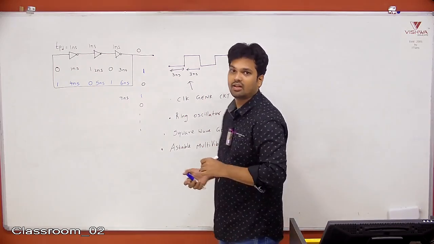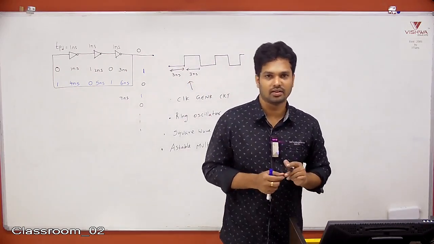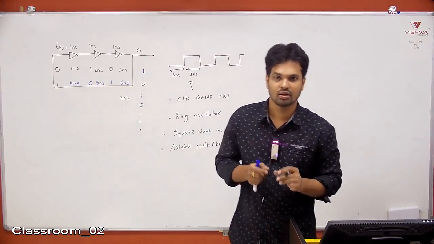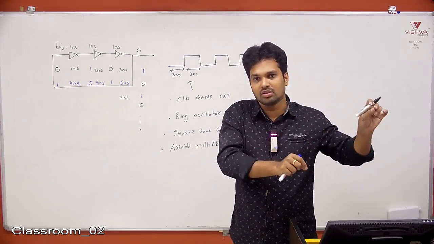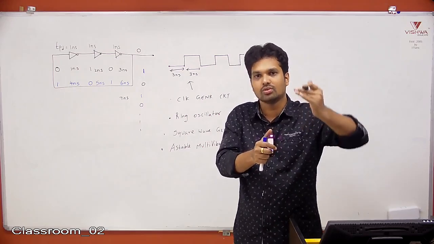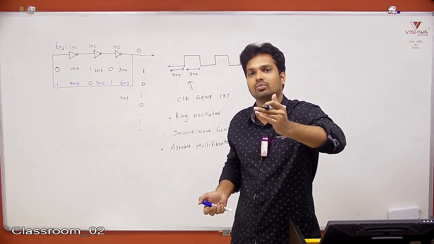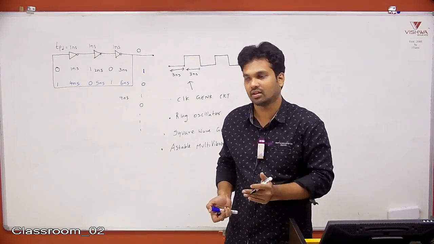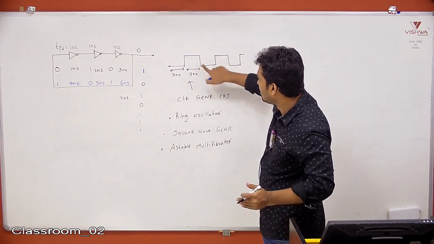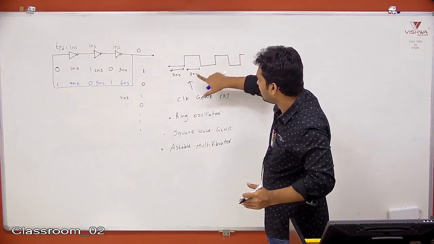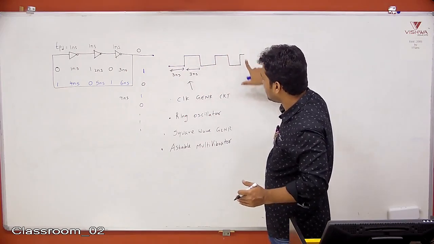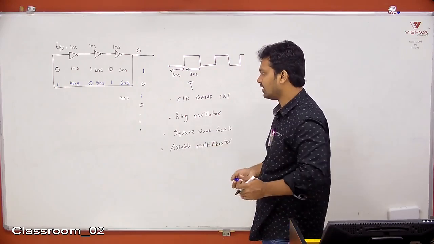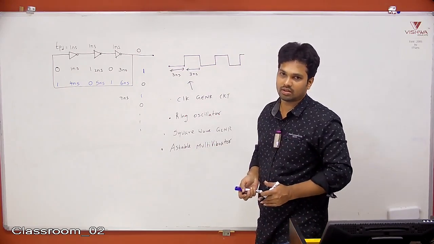What is an astable multi-vibrator? It has no stable state. Output is continuously toggling between 2 semi-stable states, 0 1 0 1 0 1, like that. So it is having 2 semi-stable states, but not any stable state. It will be continuously toggling. We call it an astable multi-vibrator.